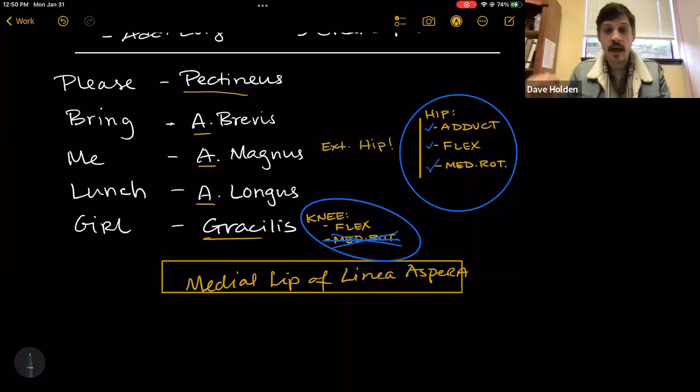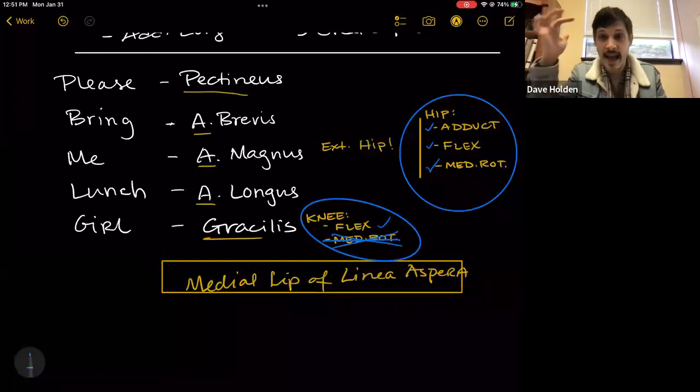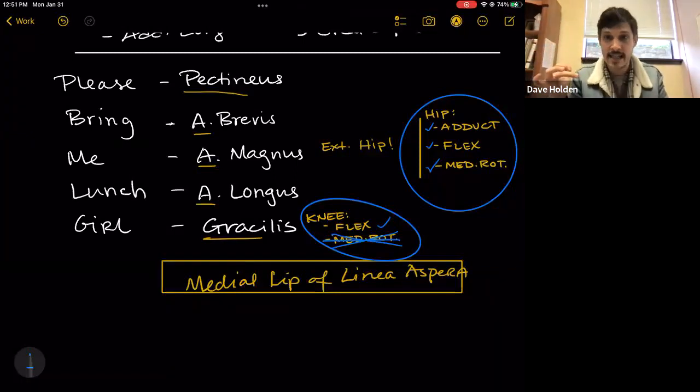We need to laterally rotate the hip, and we need to make sure that the knee is fully extended. If we can do that, gracilis is as long as it will get. Do you guys see what we're doing here? To lengthen the muscle, you just look at every single action it does, and you do the opposite. Cool.